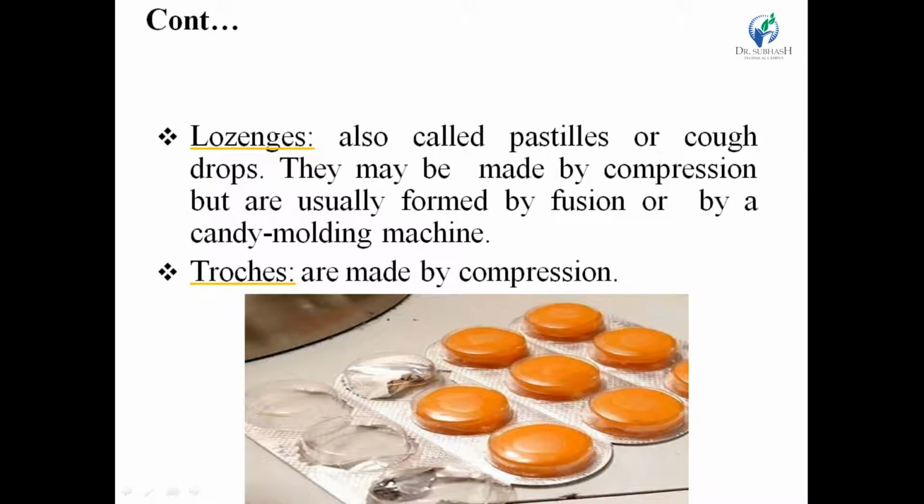So first of all, what are lozenges? Lozenges are also called pastilles or cough drops. They may be prepared by compression, but are usually formed by the fusion method or by a candy molding machine, whereas troches are made by the compression method.